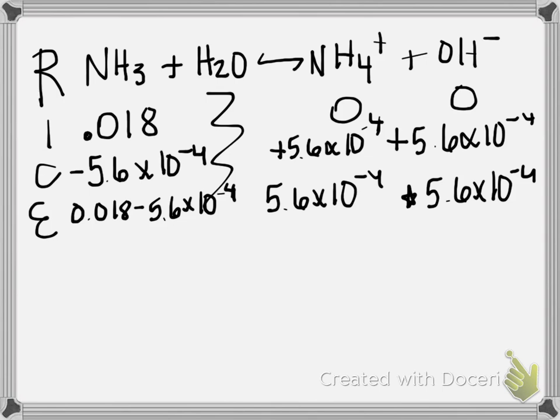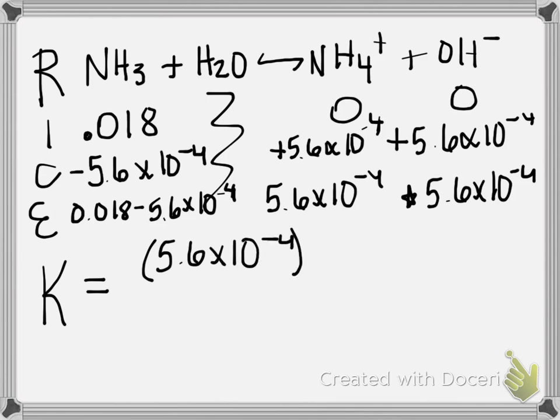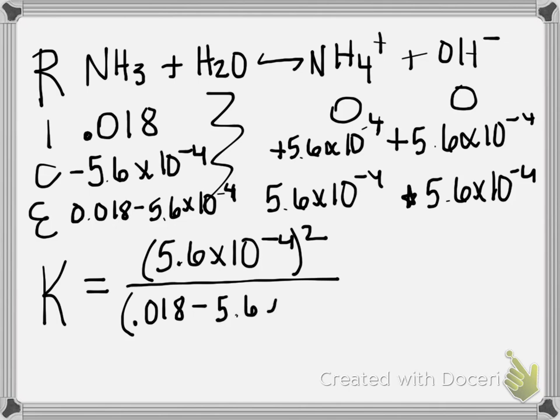So we know numbers for all the equilibrium concentrations, so we simply plug that into the K expression and we have our answer. So on top it's 5.6 times 10 to the negative 4. There's 2 of them, so that's squared. On bottom we have 0.018 minus 5.6 times 10 to the negative 4. And that's going to give us our answer.